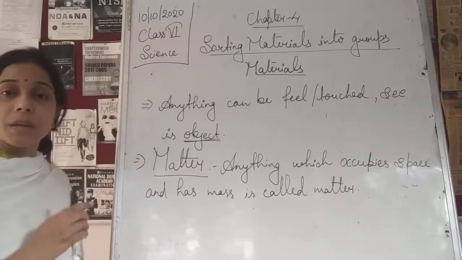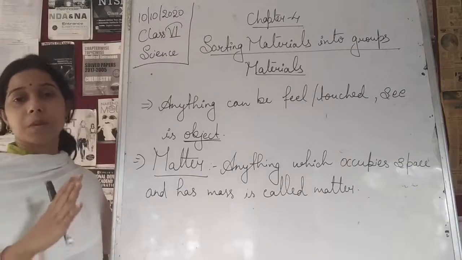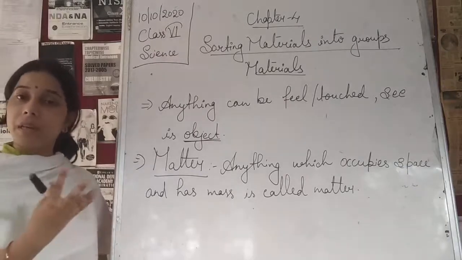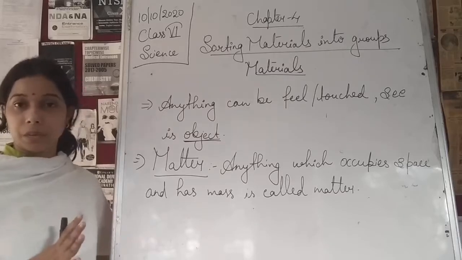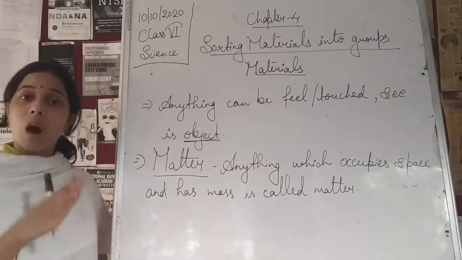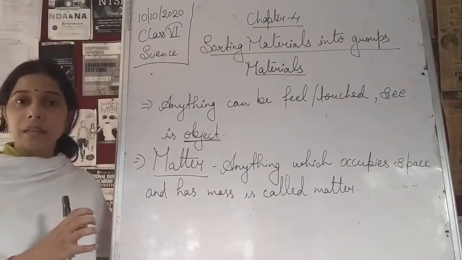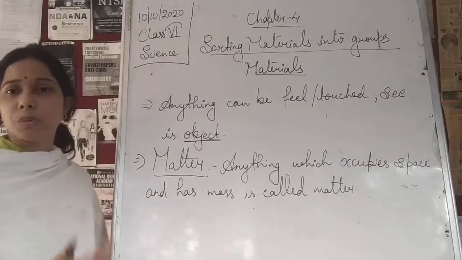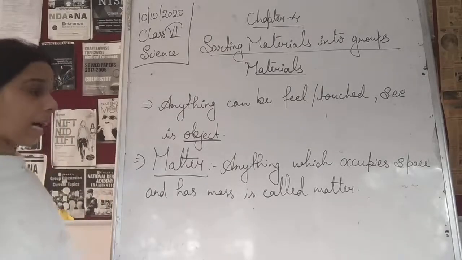Now, students, all the things present around us have mass and occupy space. That is why we consider them as matter. Feelings or emotions, however, are absolutely not considered matter.